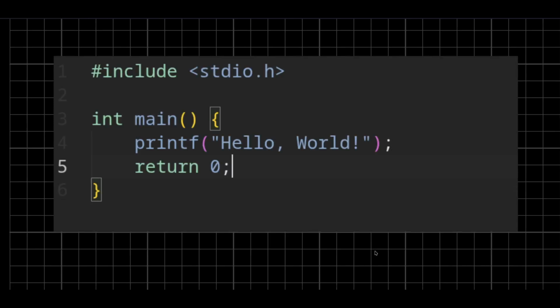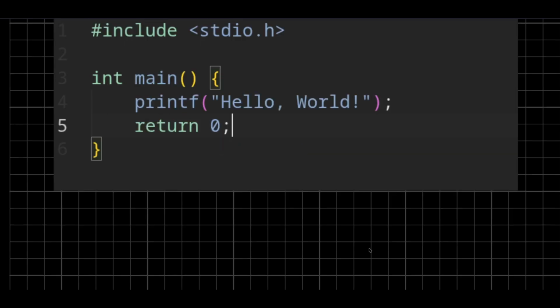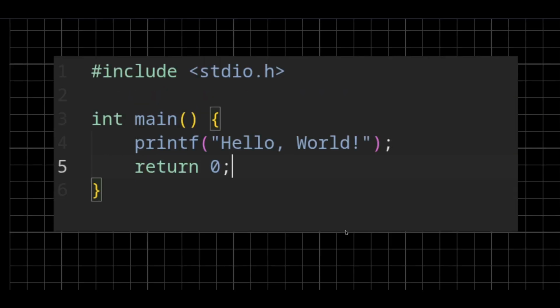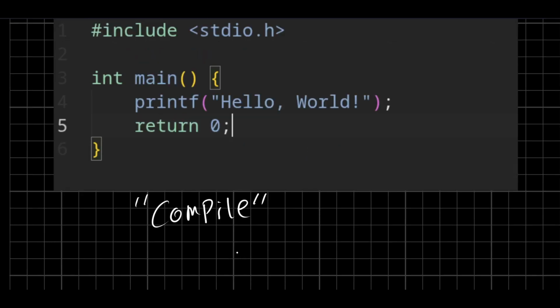Okay, so let's take a look at what actually happens when we try to run this program. If we take it as it is, the computer does not understand what's even going on. Those are just some dead characters in a text file. So the first step that we have to go through is to compile this program. We could basically think of compilation as translation.